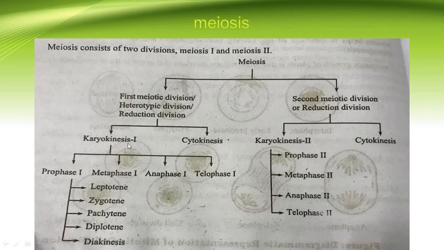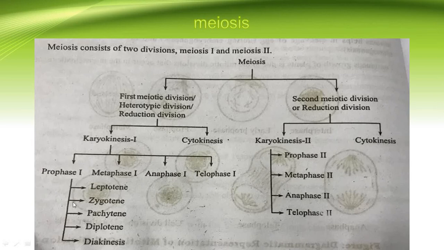Next, in the karyokinesis, we have 4 phases. We have discussed just now. In mitosis also same like this. In meiosis we have 4 phases, that is prophase 1, metaphase 1, anaphase 1 and telophase 1.